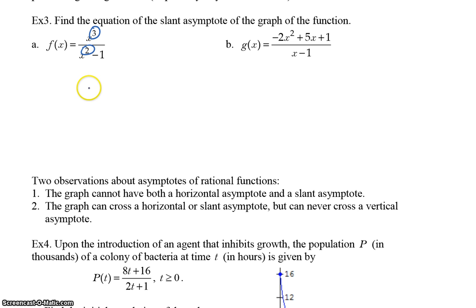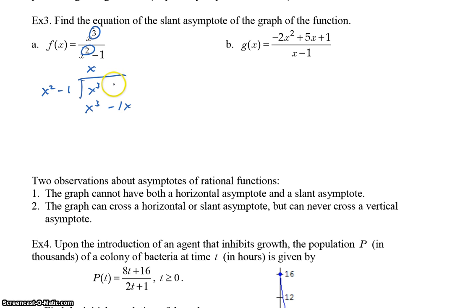So take x cubed and divide by x squared minus 1. Now, we want to get x cubed, so we multiply x squared by x. And then we also multiply x by minus 1. That gives us minus 1x, or minus x.